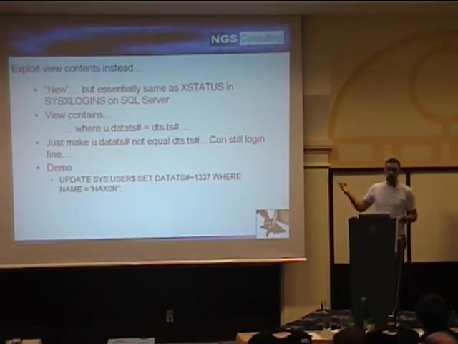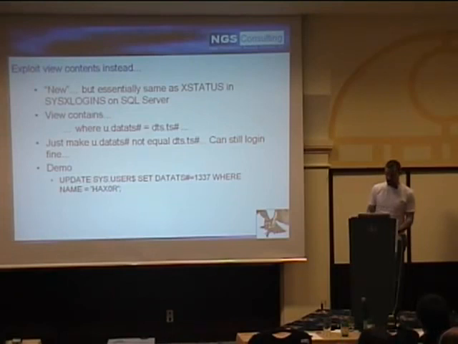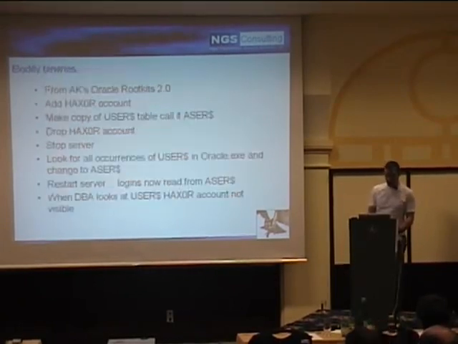And of course, we can still use the underlying table user$ to find user accounts, so it doesn't solve any problems as such. It's just, rather than changing the text of the view, which is going to be easily noticeable, a direct manipulation of the datats# number, for example.